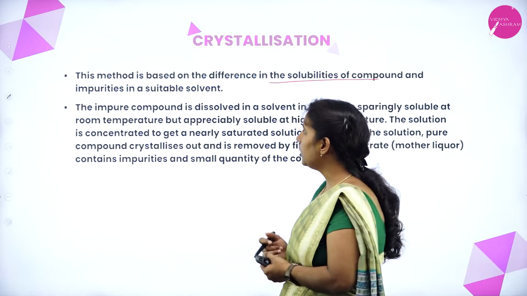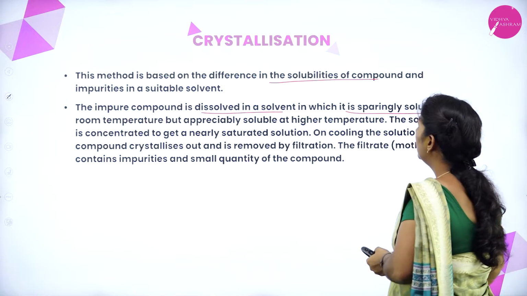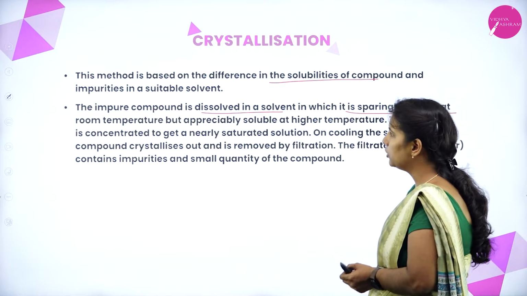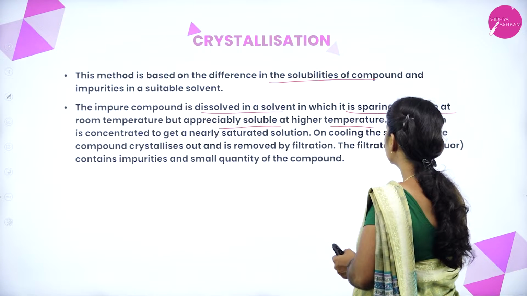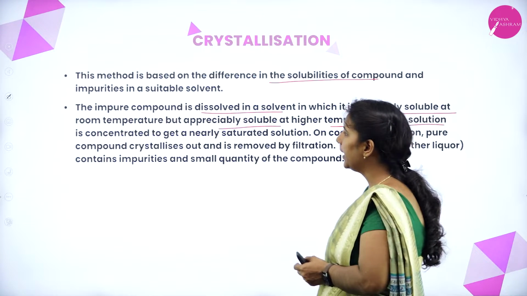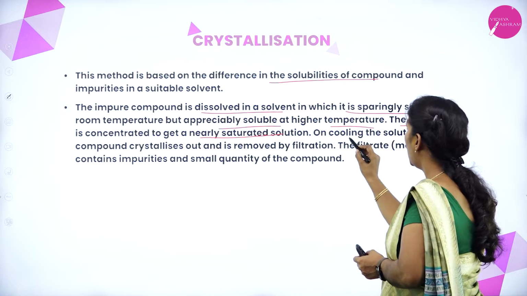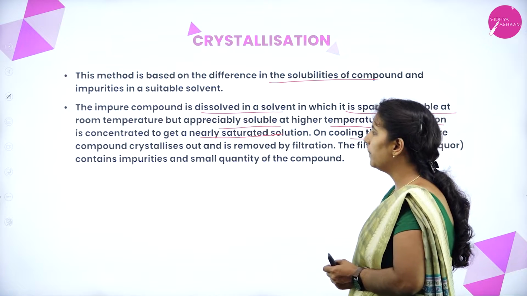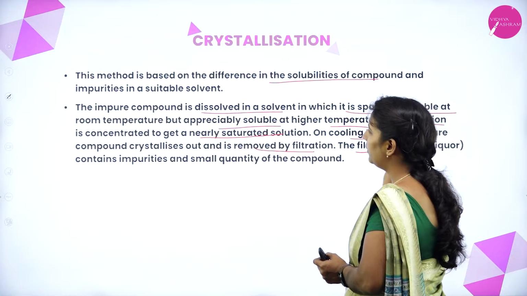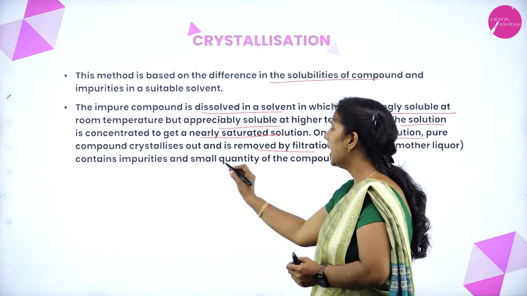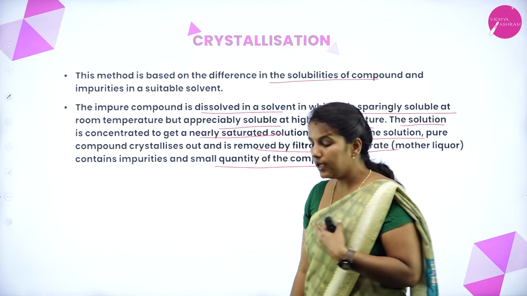The impure compound is dissolved in a solvent in which it is sparingly soluble at room temperature, but appreciably soluble at higher temperature. The solution is concentrated to get a nearly saturated solution. On cooling, the pure compound crystallizes out and is removed by filtration, and the filtrate contains the impurities and small quantities of the compound. This is how crystallization is done.